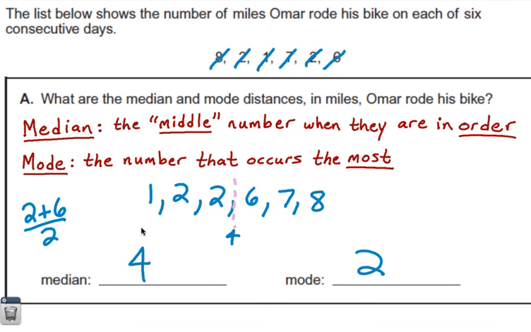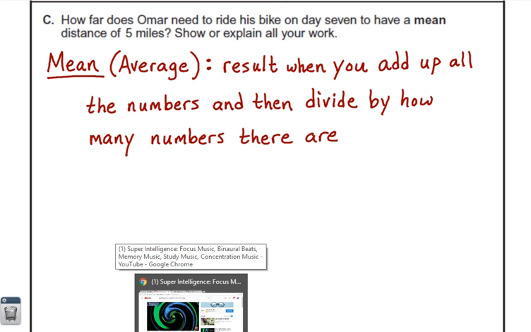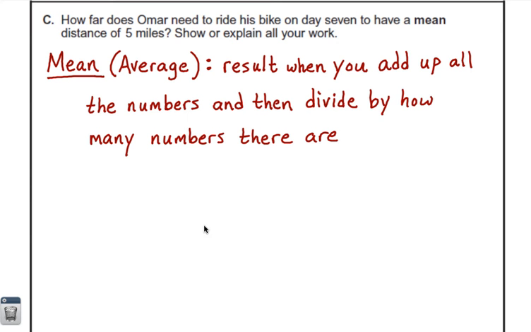1, 2, 2, 6, 7, 8. 1, 2, 2, 6, 7, 8. So here's what you would basically do. Let me get this back on pen. And what color? Let's go with blue. Go Bison. And so what we would do is 1 plus 2 plus 2 plus 6 plus 7 plus 8 plus, I don't know.